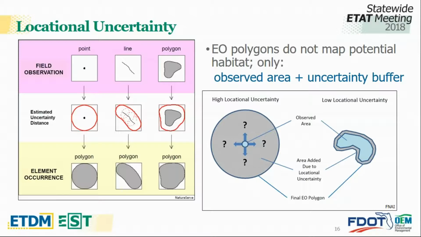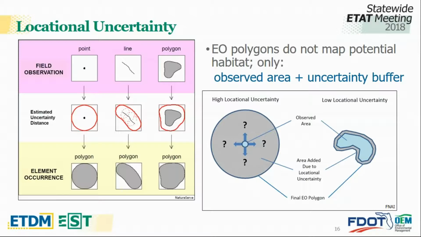With each of these element occurrences, there's some range of location uncertainty, which is accounted for in this data by creating a buffer around the point. This buffer only accounts for uncertainty, and it doesn't have any weight to potential habitat.